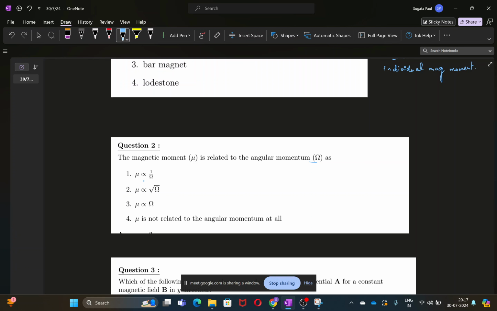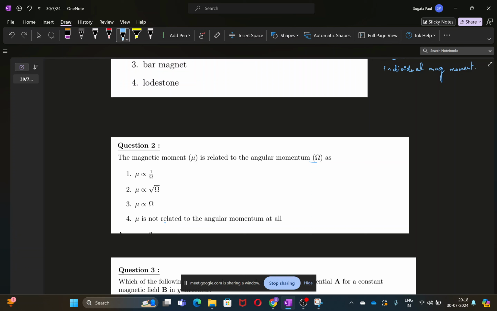The first option is that they are inversely proportional to each other. The second option is that mu is proportional to the square root of omega, the angular momentum. The third option is that mu is directly proportional to the angular momentum omega, and the fourth is that mu is not related to angular momentum at all. So if you have properly followed the weekly lectures, then you already know the answer. I don't have to give you the answer, you probably already know it.